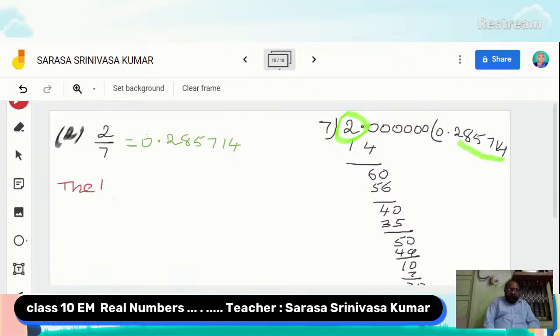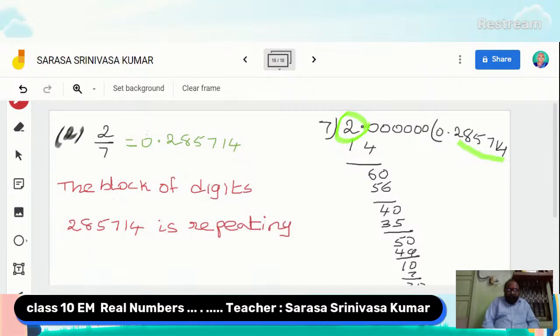Now you have to write that the block of digits 285714 is repeating in the quotient. So I must keep a bar on this.